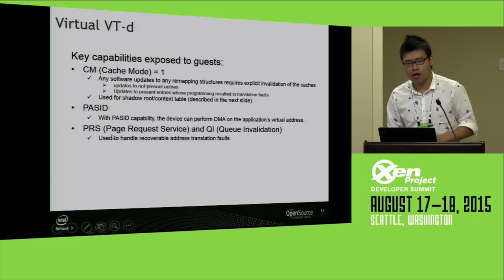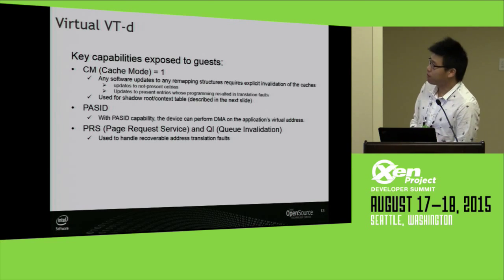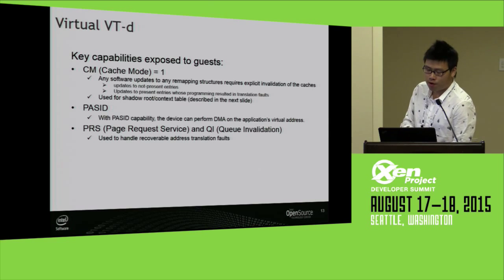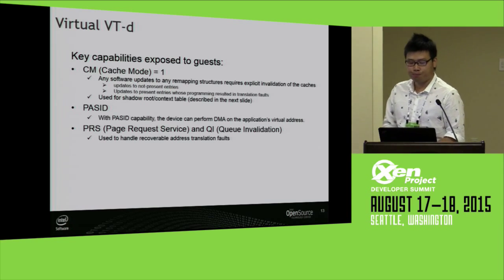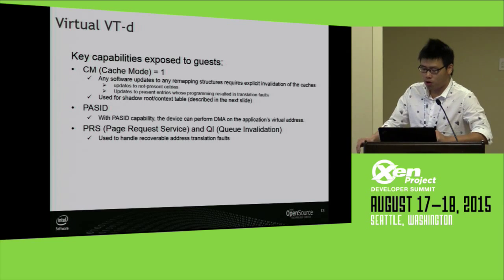There are 2 other capabilities. The first one is the PRS, which stands for Page Request Service, and another one is queue invalidation. These 2 capabilities are important. We need to use them to handle the recoverable address translation for the guests.